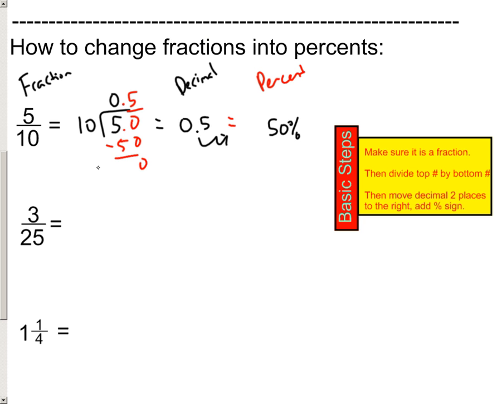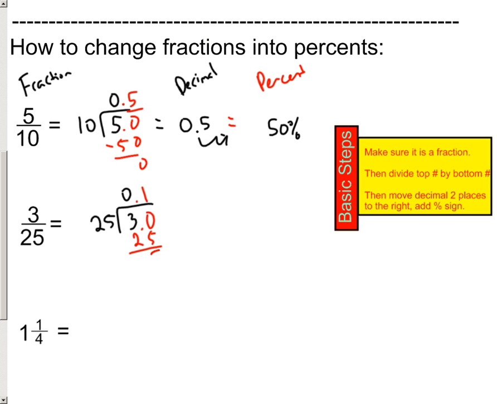So again, let's clarify. If we've got a fraction, divide the top by the bottom number. We get a decimal, and then we move it 2 spots to the right and add our percent sign. So let's do 3 divided by 25. It's a fraction already, so we don't have to change it. 25 does not go into 3, so we'll add our decimal places there. 25 goes into 30 one time.